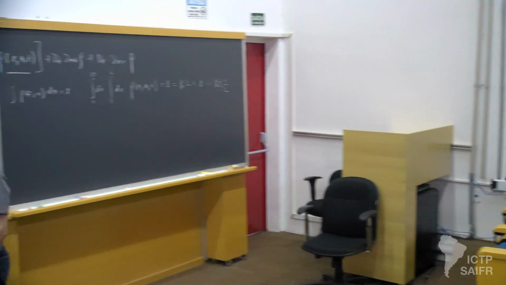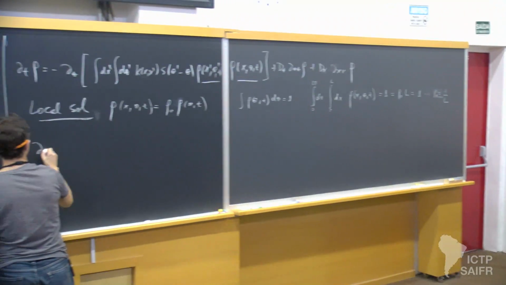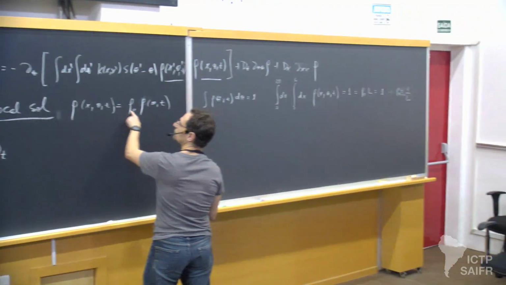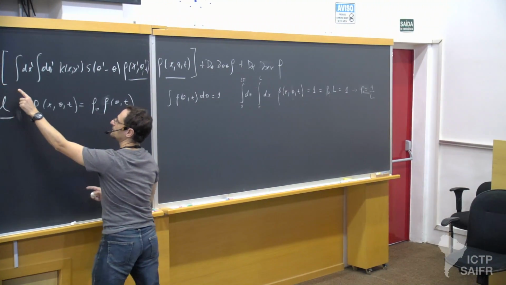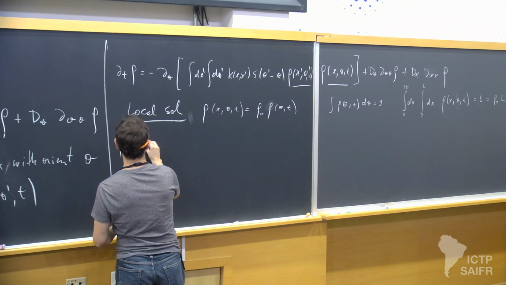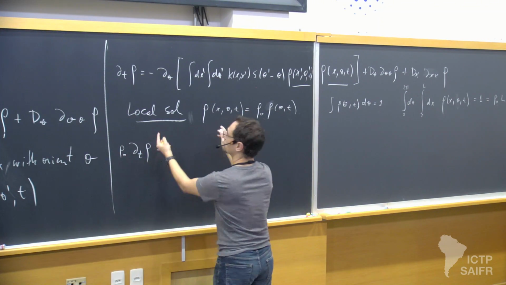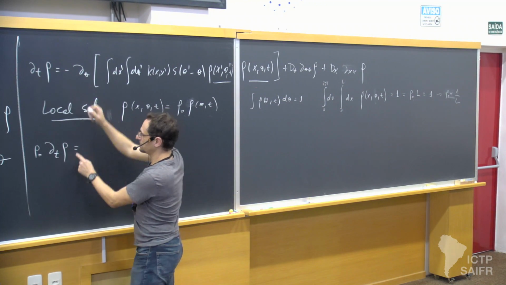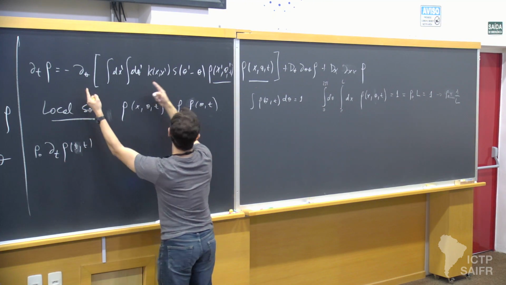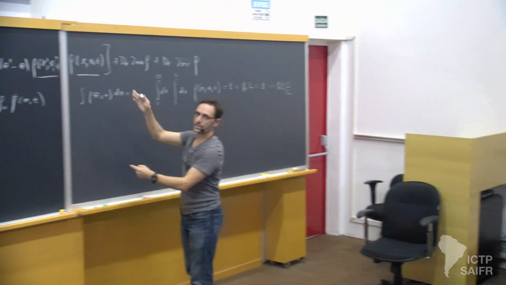So now I replace this in here. Since we have rho everywhere, I write it like this. It's going to be rho of theta, t, and I continue. Since this is going to be present everywhere, I'm not going to write it.